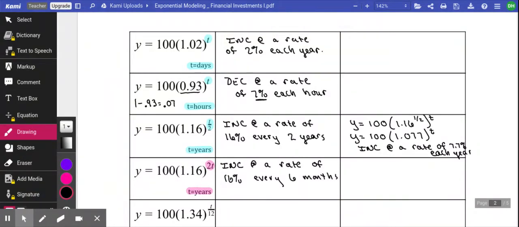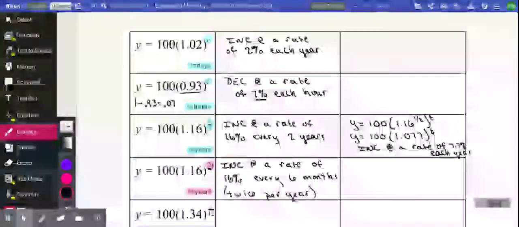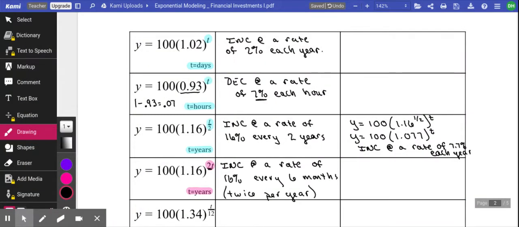Where did you get 6 months? Well, in this case, the frequency being a 2, we would say it's happening twice per year. And when you say something's happening twice per year, an equivalent form of that would be to say every 6 months. Now, of course, we could rewrite this and get an annual rate, and we'll go 1.16 squared, close the parenthesis, raised to the t.